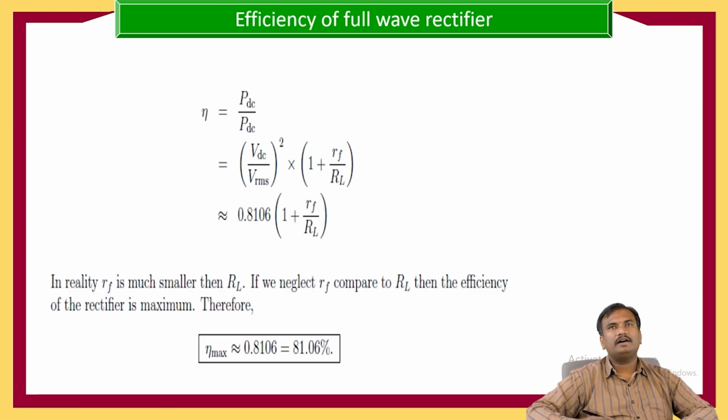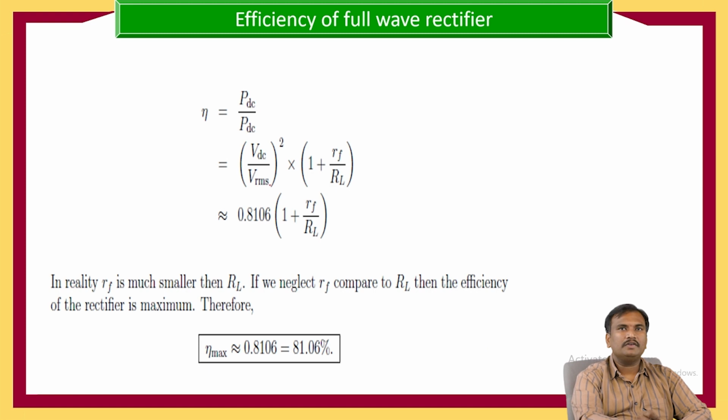Now, let us go with the calculation of efficiency. Here, efficiency is equal to DC output power by AC input power, that is equal to (VDC by VRMS) whole square into 1 by (1 plus RF by RL). If we substitute the VDC value as 2Vm by pi and VRMS value as Vm by root 2, we are going to get this value as 0.8106 into 1 by (1 plus RF by RL).